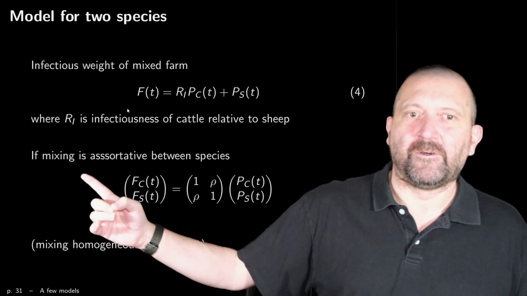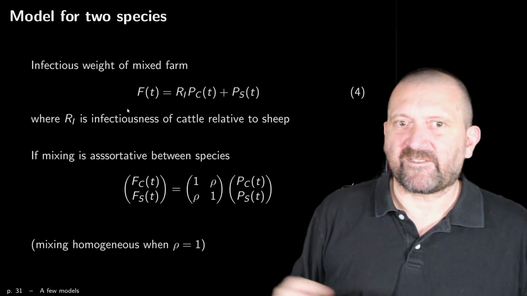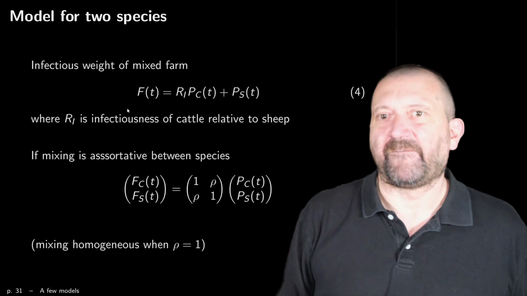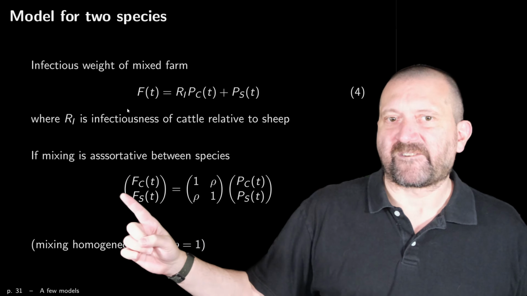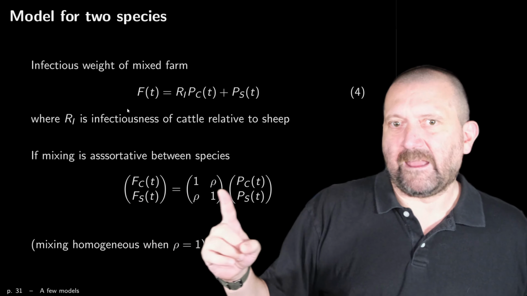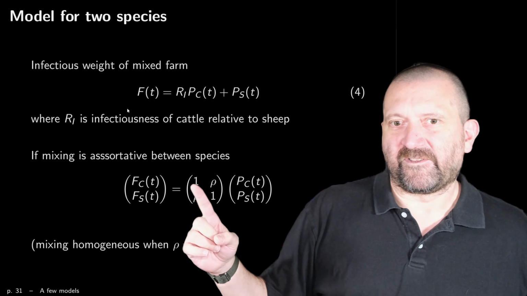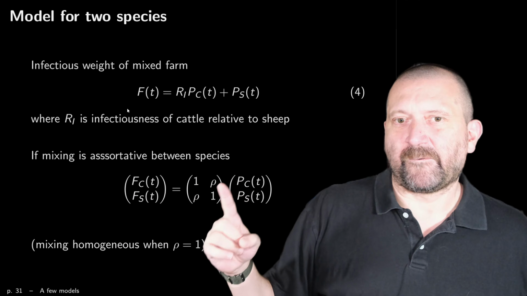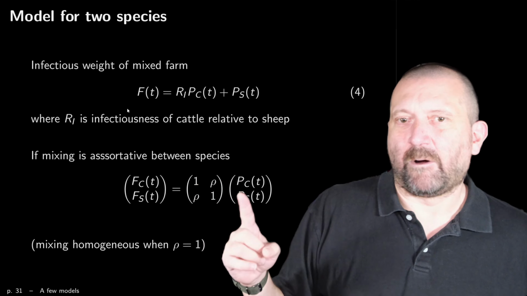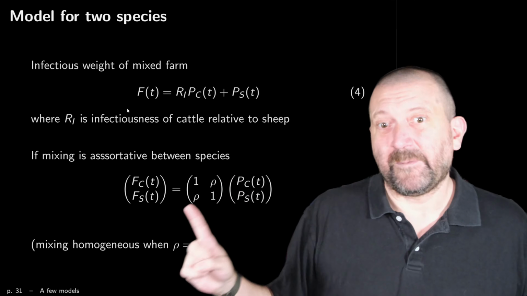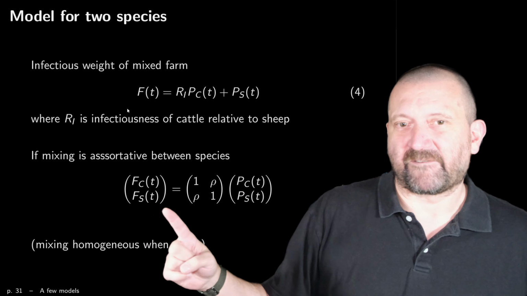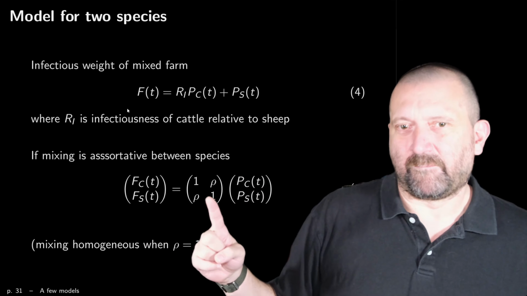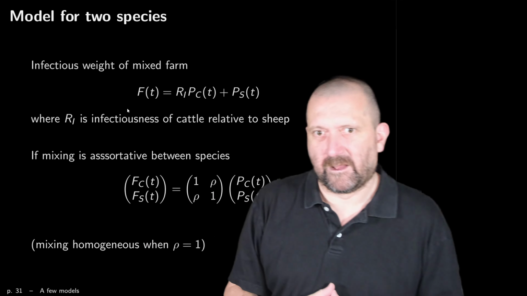Now, if you consider assortative mixing, then you can break up this infectious weight between cattle and sheep. So the infectious weight for cattle is the weight for cattle multiplied by how much cattle interact with sheep, and likewise the infectious weight for sheep is how much sheep interact with cattle, plus the infectious weight for sheep.